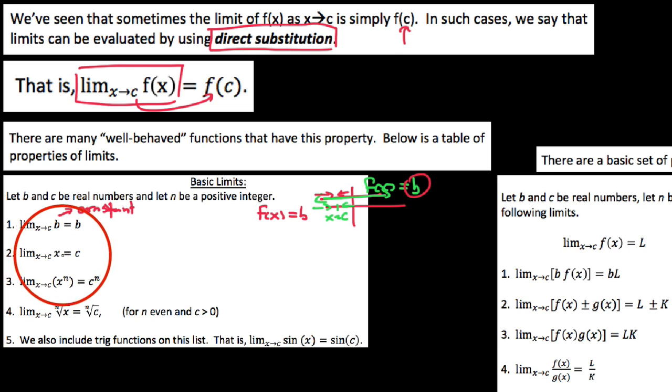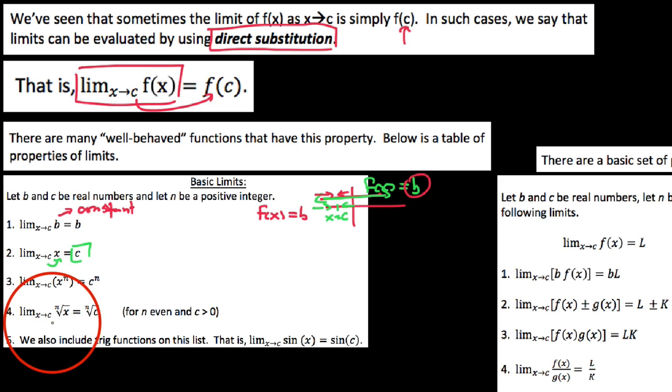We also say that the limit of a line, or just the limit of x as x gets really close to c, you could just plug in the c value for wherever you see an x. You just get c. Same thing for a power function. We could say that for a power function, any x to the n, if you take the limit of this as x approaches c, we could just go ahead and plug c in for x. We say it's c to the n.